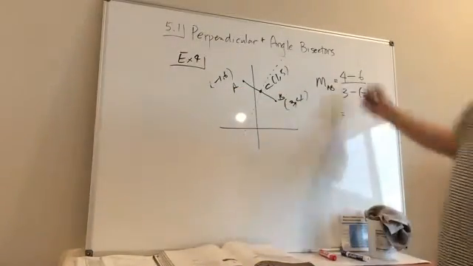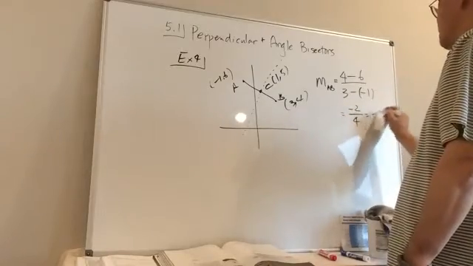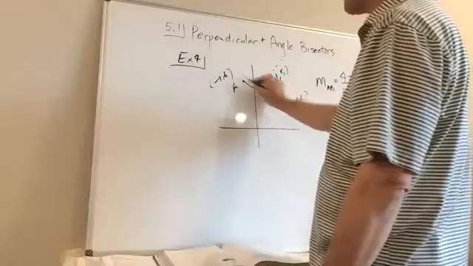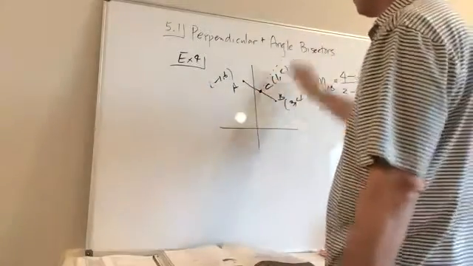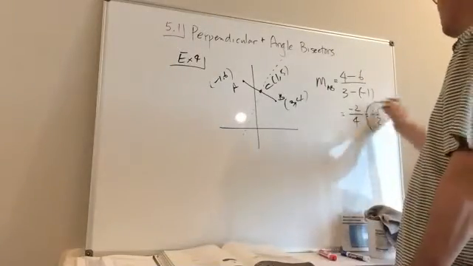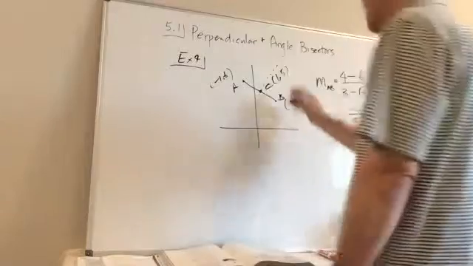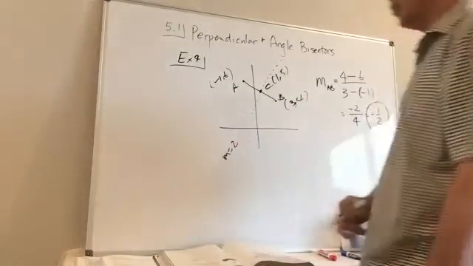So the top is going to be -2, the bottom looks like it's going to be 4, so just -1/2. Since the slope of this is -1/2, the slope of the perpendicular bisector must be the opposite reciprocal of this, which would be 2.